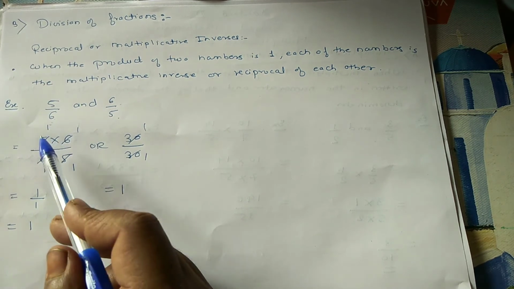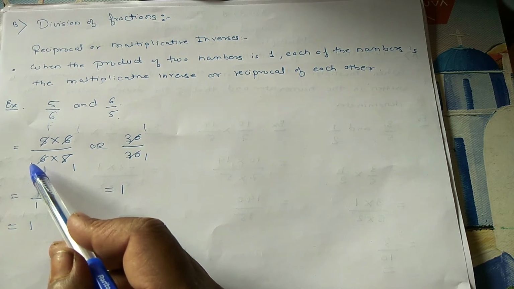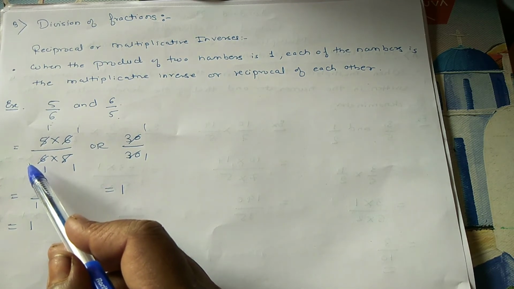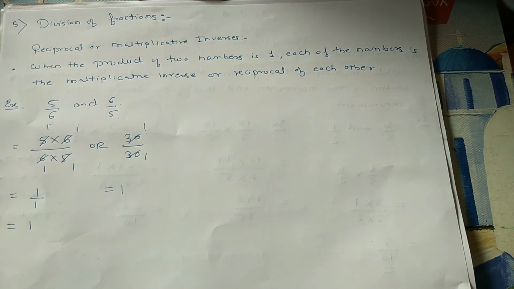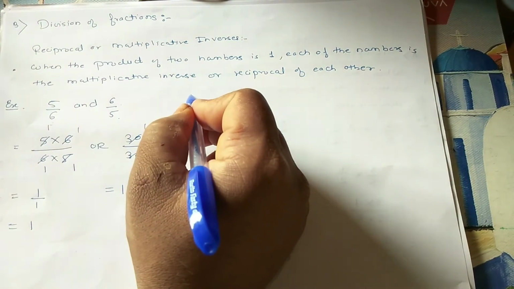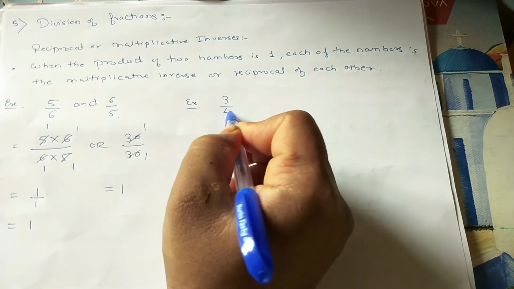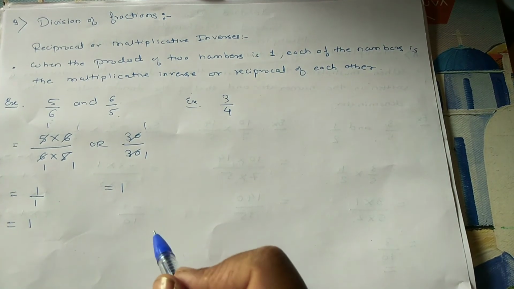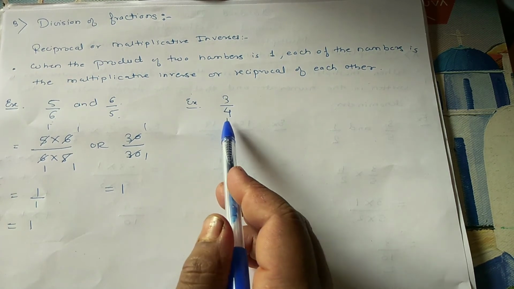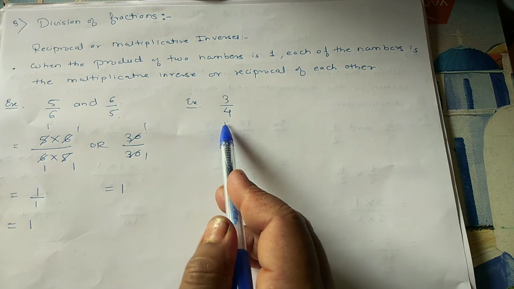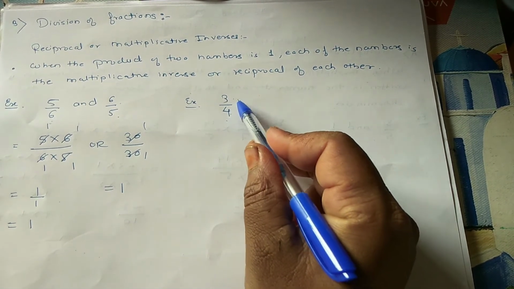So we can say that a fraction is multiplied by another fraction obtained by exchanging the numerator and the denominator of the first fraction. If we want to obtain the inverse, suppose I take the next example, 3 upon 4, and I ask you what is the multiplicative inverse of this fraction, remember how to obtain it. You have to just change the position of 3 and 4, that is, numerator and denominator.